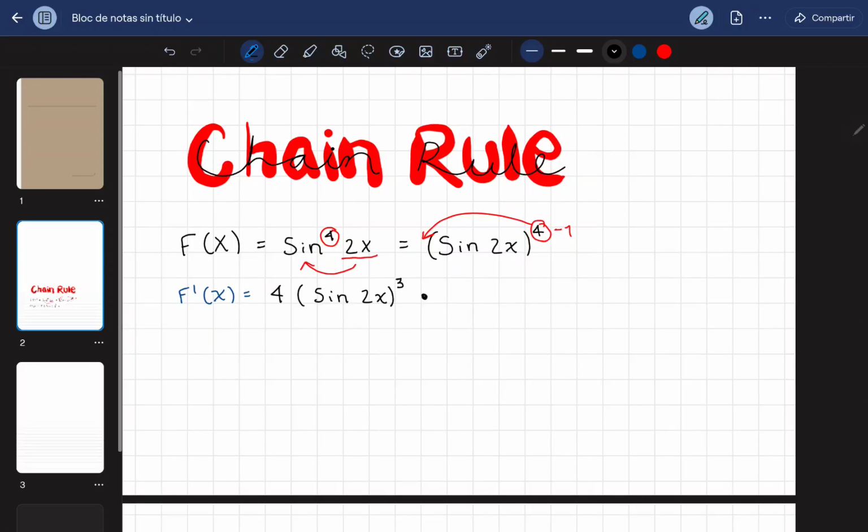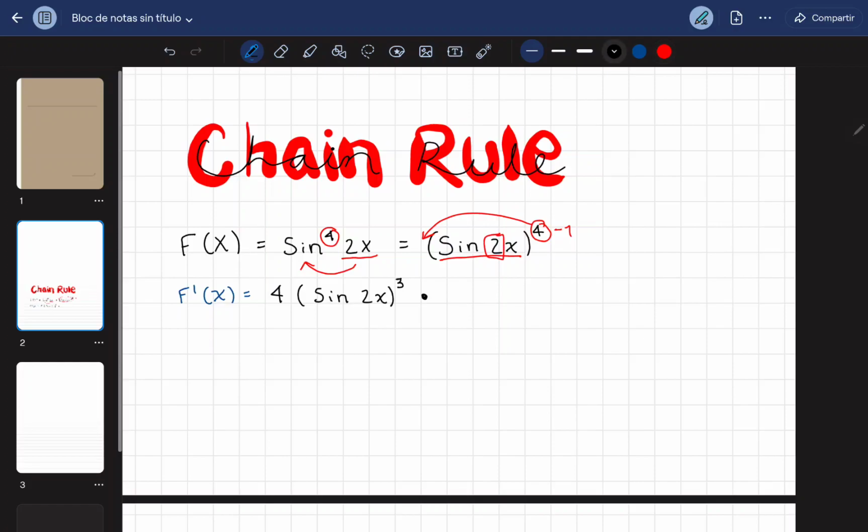Times the derivative of the inner one. But as you can see, we have two chain rules in here, right? We have applied one, and inside we have also a chain rule because of the 2.